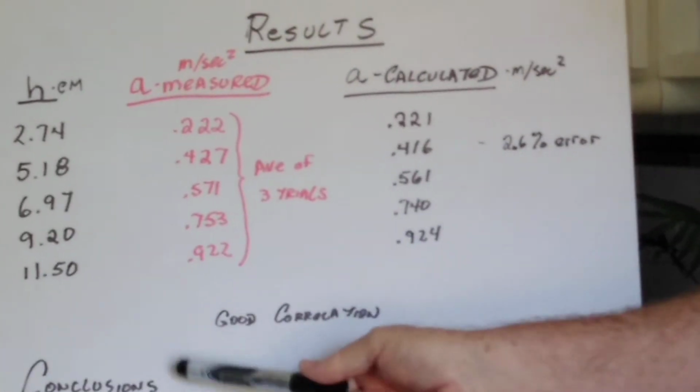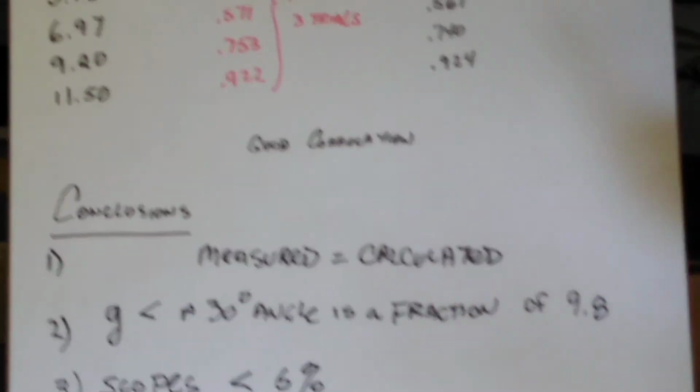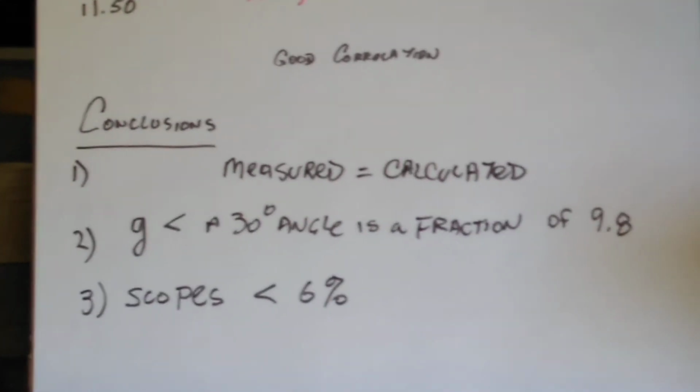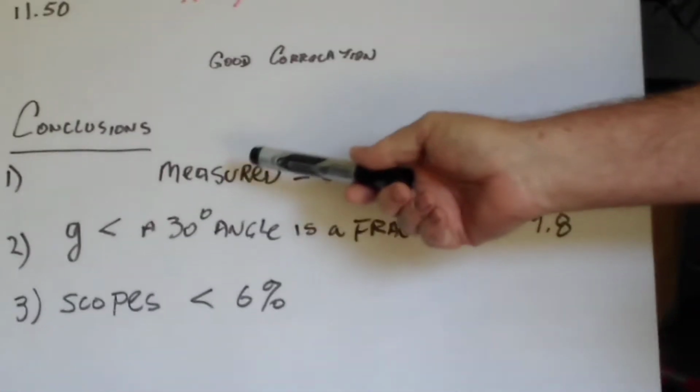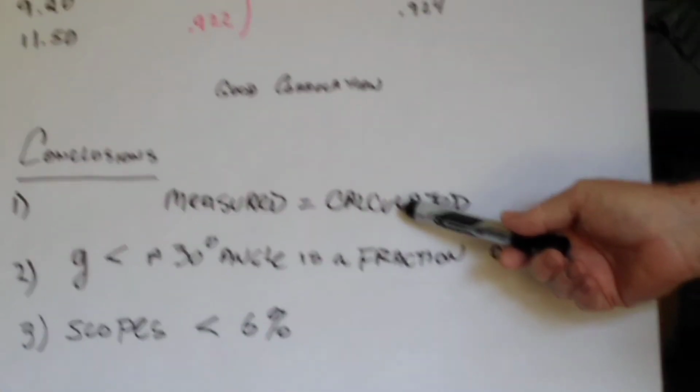Our conclusions from this lab are that with the procedure we have, we were able to determine that the acceleration due to gravity that we measured was pretty much equal to the acceleration due to gravity that was calculated.